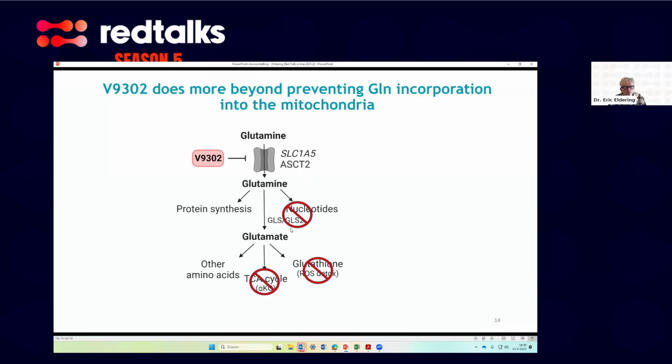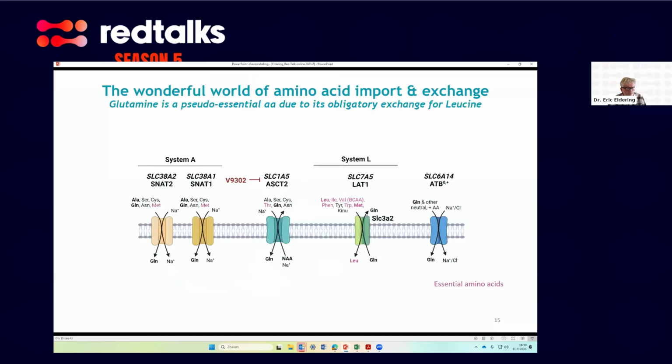So we could sort of strike away all these options, and this left us with protein synthesis and other amino acids, and I will show you some data on that in the next few slides. And here's again a scheme to illustrate what we slowly started understanding, what this blocking of glutamine import does to protein synthesis.